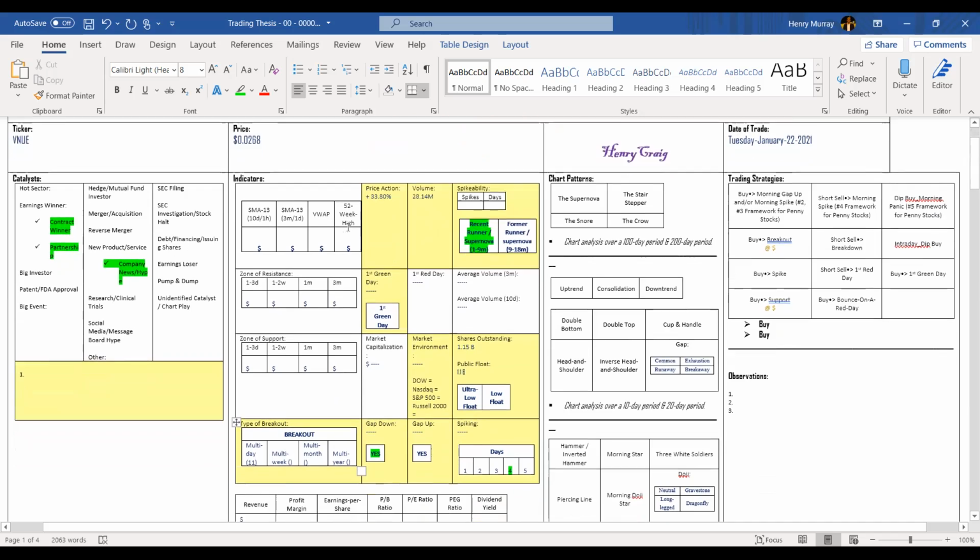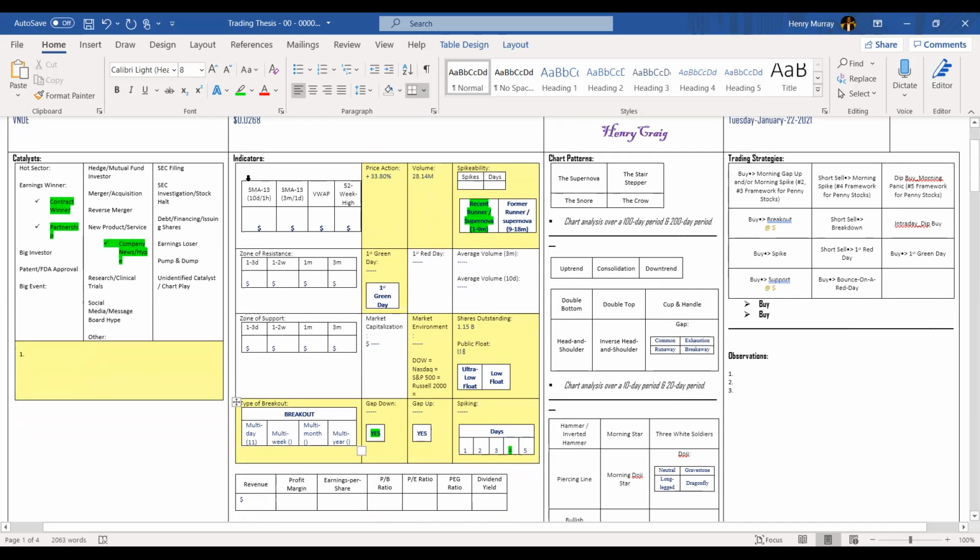All right. Then we looked at important indicators such as the price action and the traded volume on the day. We looked at the spikeability of the stock, how many times it spiked within a 6-month time frame. You could look at how many times it spiked within a year, and how many days the stock ran for.